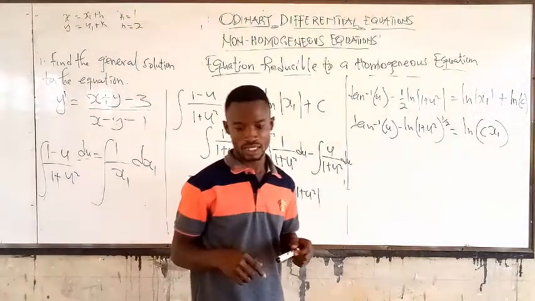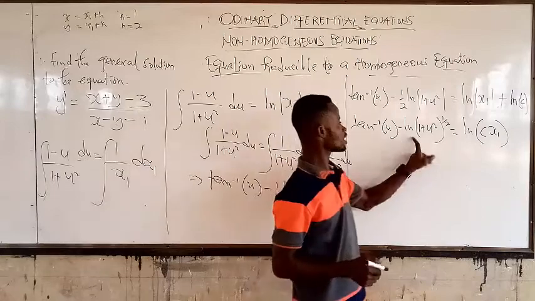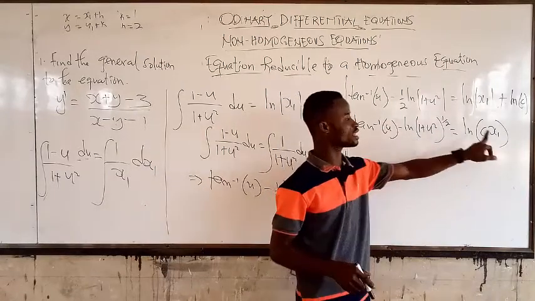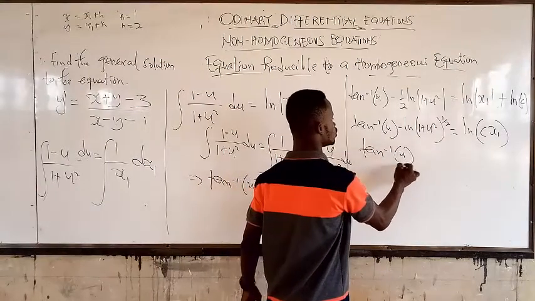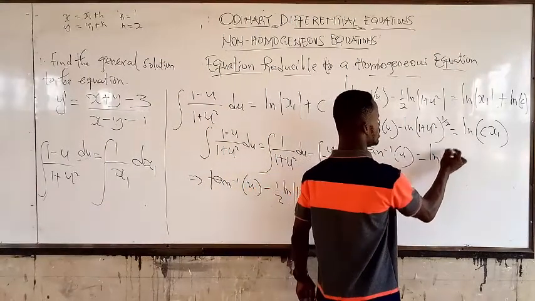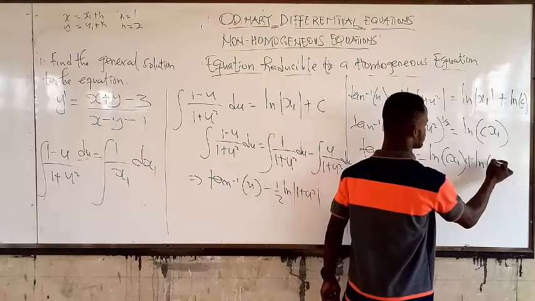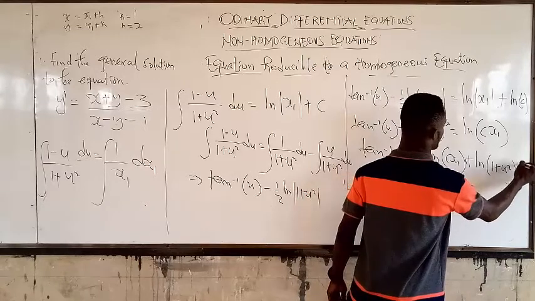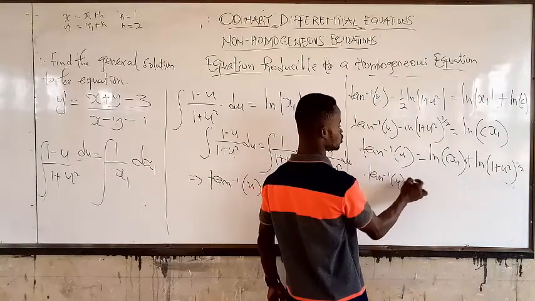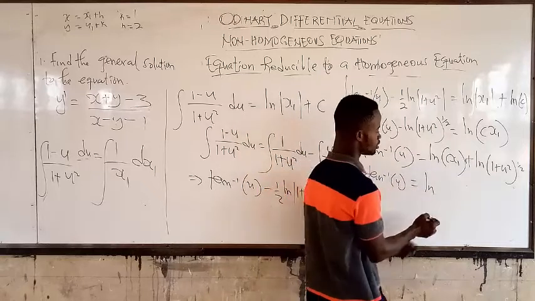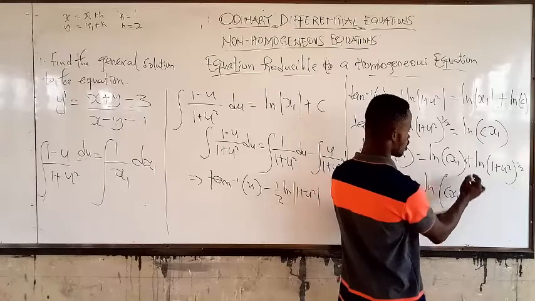Okay, ln c S1. And we can also send this to this side so that we can combine this and this. So we get tan inverse of u is equal to ln c S1 plus ln 1 plus u squared half. Then tan inverse of u is equal to ln this will multiply this, so cS1 will multiply.